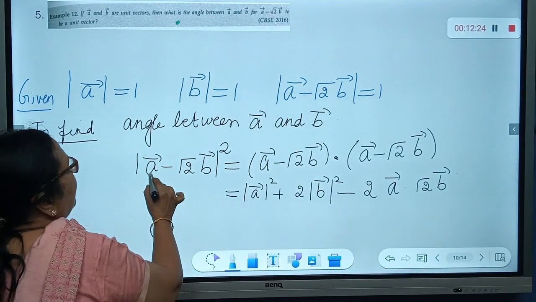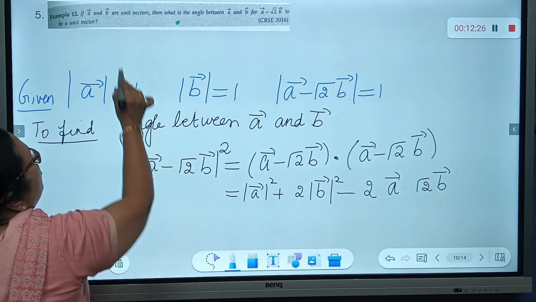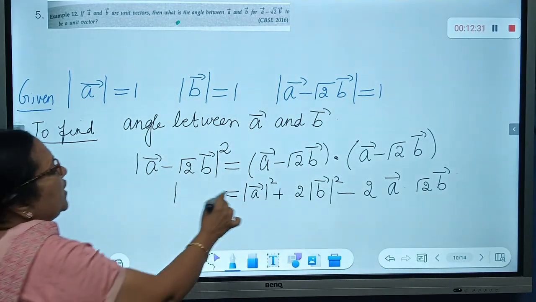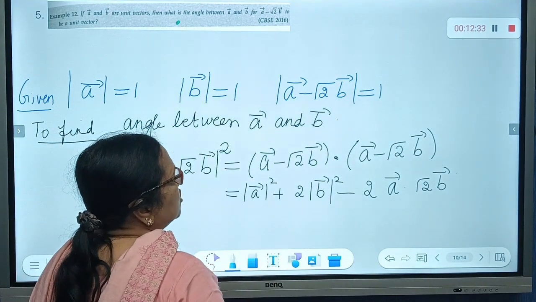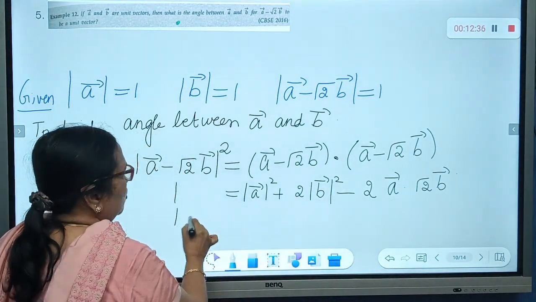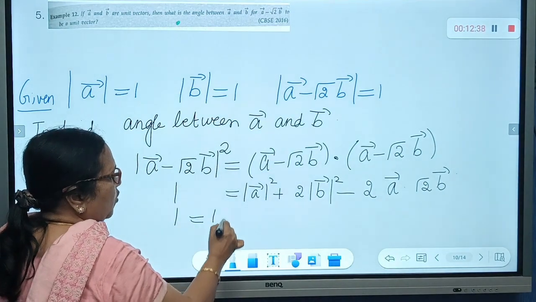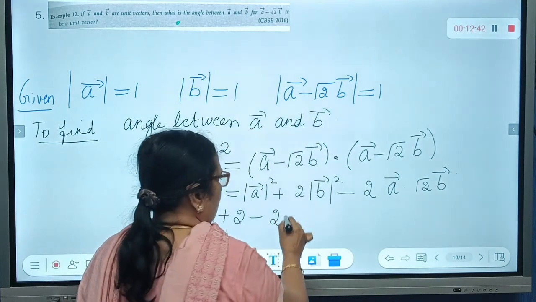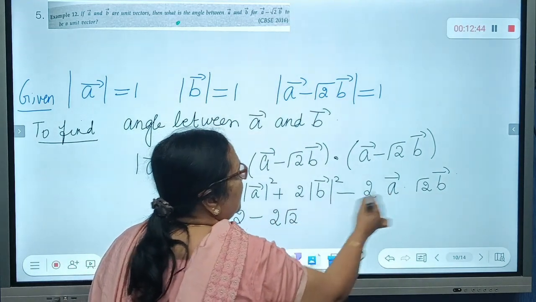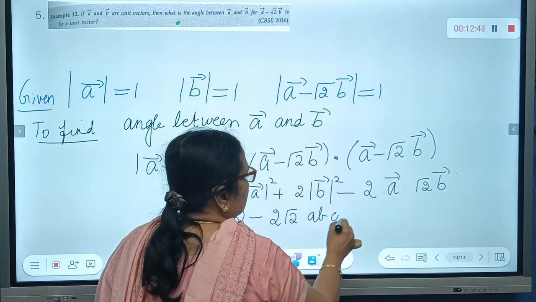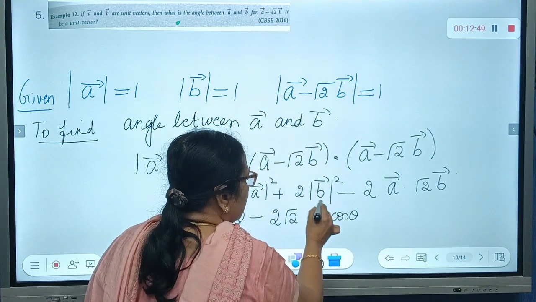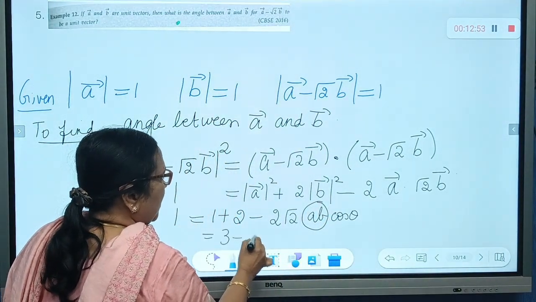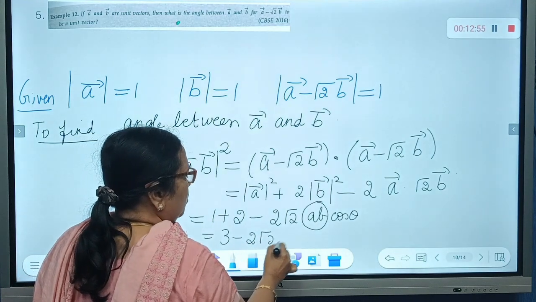Now, what is A vector minus root 2 times B vector? It's a unit vector. So, this is 1. What are A vector and B vector? They are also unit vectors. So, you get 1 equal to 1 plus 2 minus 2 times root 2 times A dot B. A dot B is AB cos theta. But again, they are unit vectors. So, this will be 3 minus 2 root 2 cos theta.